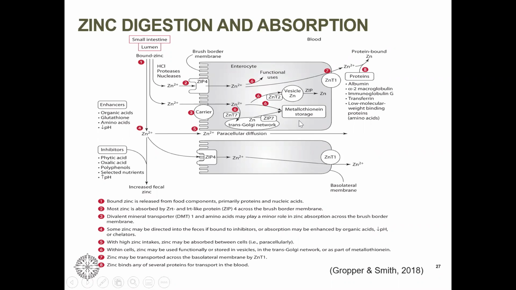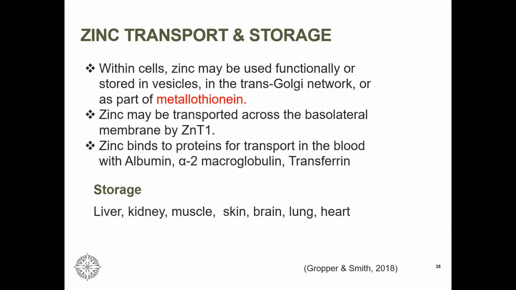It can be stored with copper as a metallothionein, or it can be used to fight any infection, functional uses inside the cell, or it can be stored for some time in the Golgi network. At the basolateral layer, we have a zinc transporter, and in the blood, zinc moves around attached to various albumin. So that's very similar to most of these divalent ions.